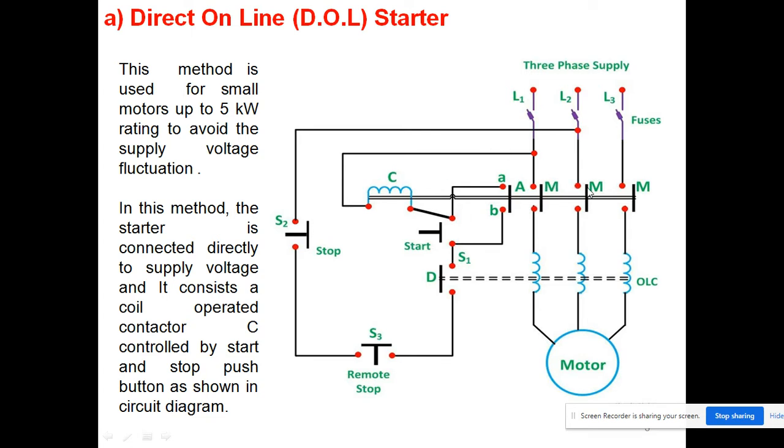M1, M2 and M3 are the main switches, and A is the auxiliary switch here. And this one is the overcurrent relay, also known as the overload coil, which is why it is represented by OLC.